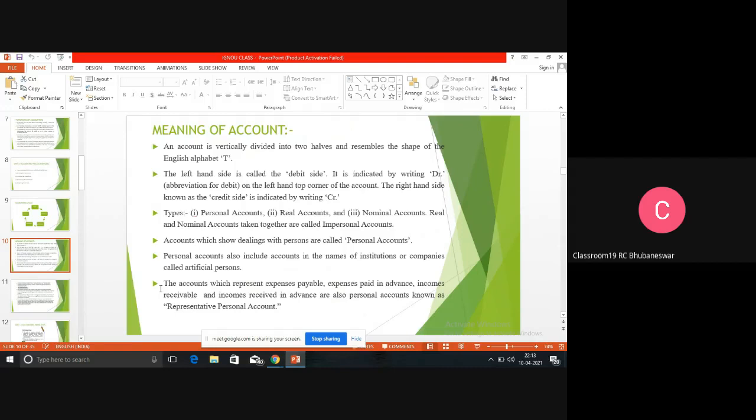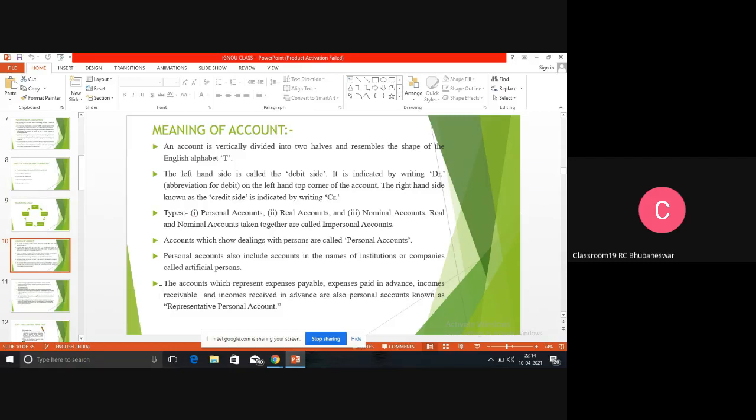Personal account records all the transactions of a person. The person may be an artificial person or a representative person. Artificial person means Ram, Gopal, Hari, bank, any type of name, and it is known as an artificial personal account. What is a representative personal account? It is representing someone.